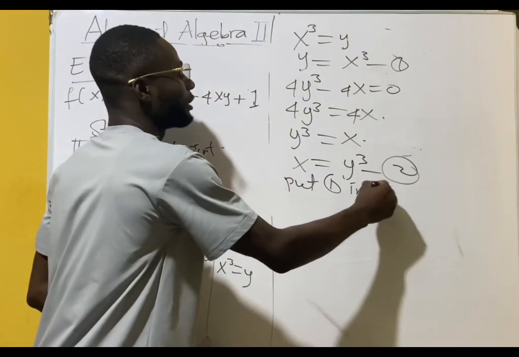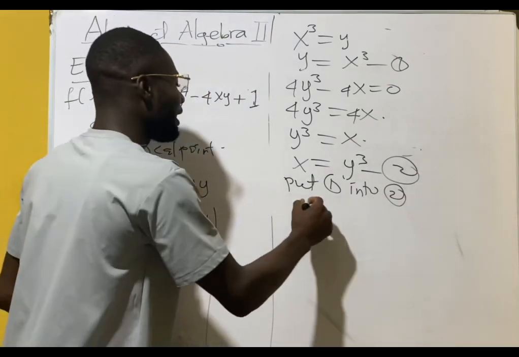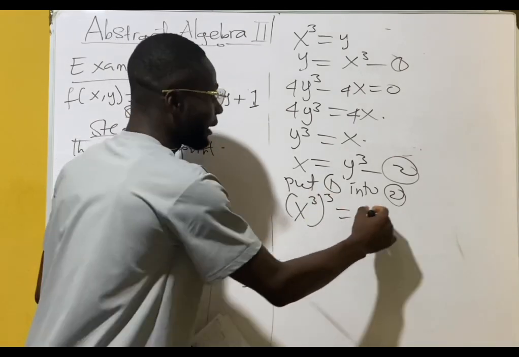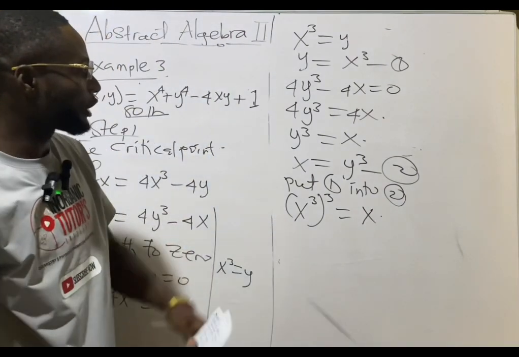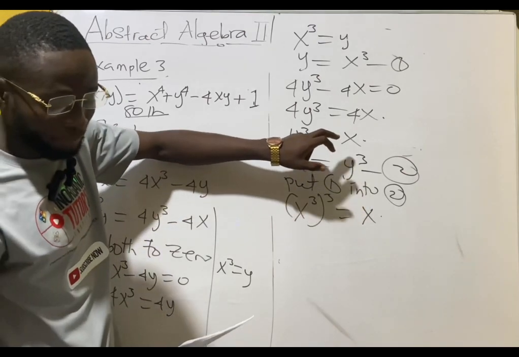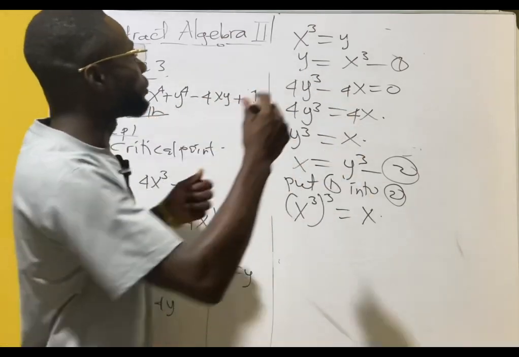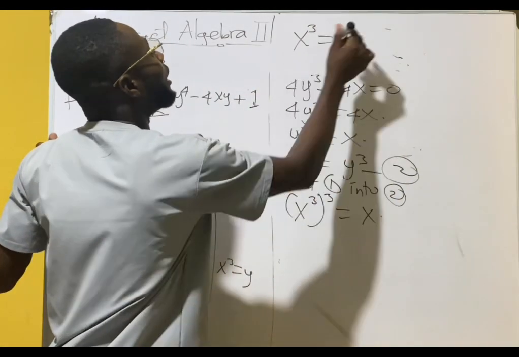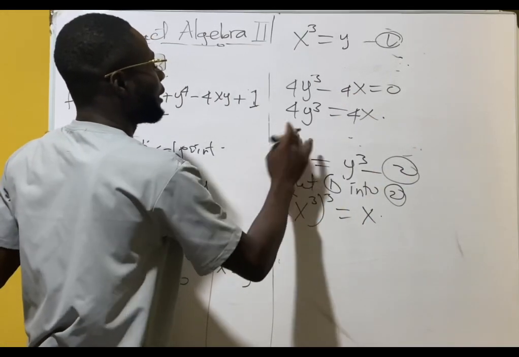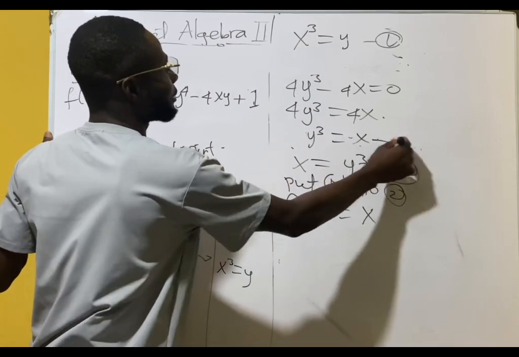So put 1 into 2. We're going to have x cubed to the 3 equals x. X cubed all to the 3, right? Because we are saying that x cubed is equal to y, and y cubed is equal to x.